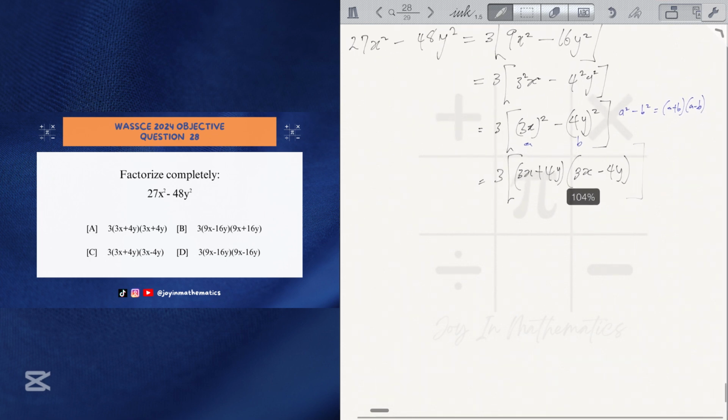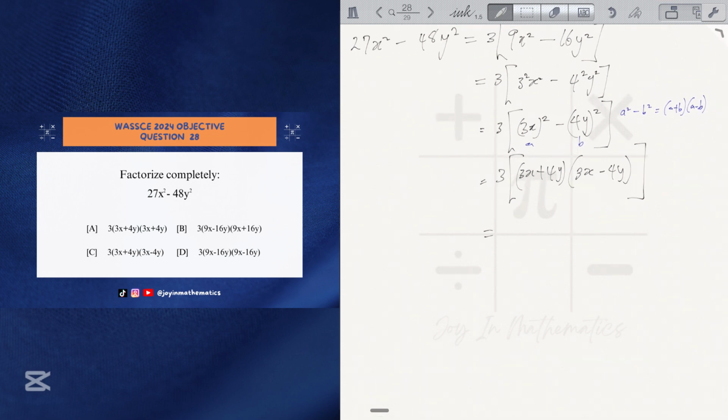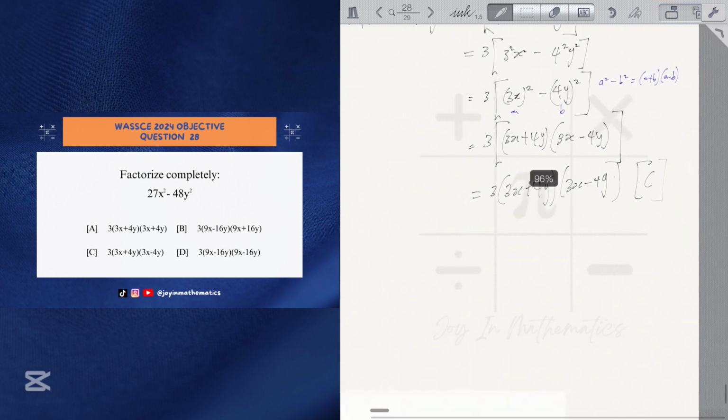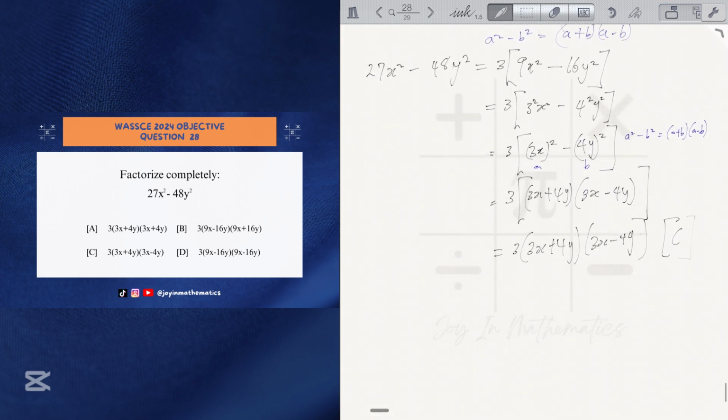In plain terms, we'll have 3 into 3x plus 4y into 3x minus 4y. This is equivalent to option C, where we have 27x squared minus 48y squared, applying the difference of two squares, giving 3 into 3x plus 4y into 3x minus 4y.